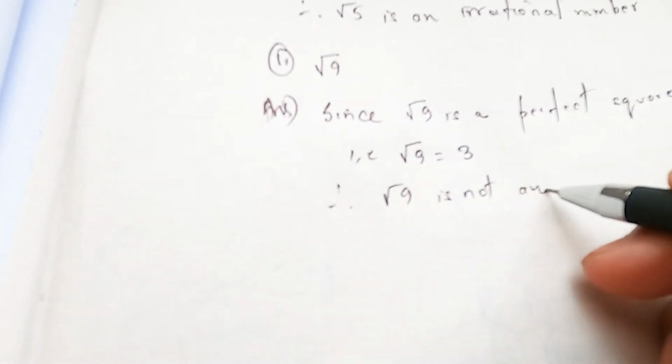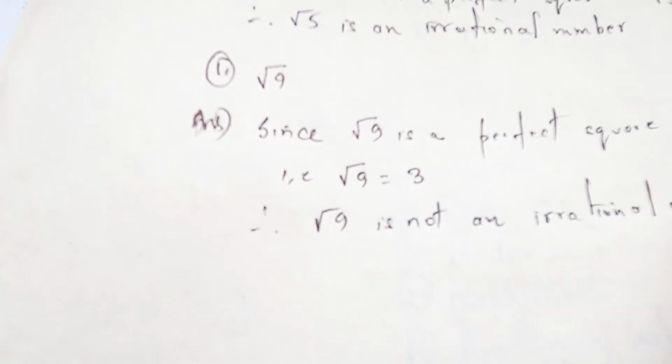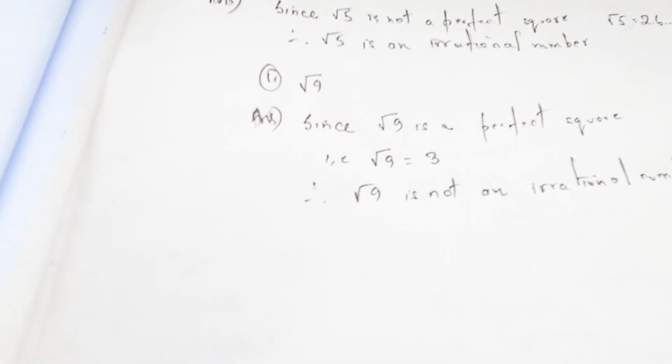So therefore root 9 is not an irrational number. Very simple.